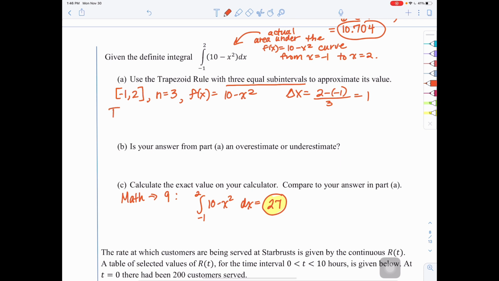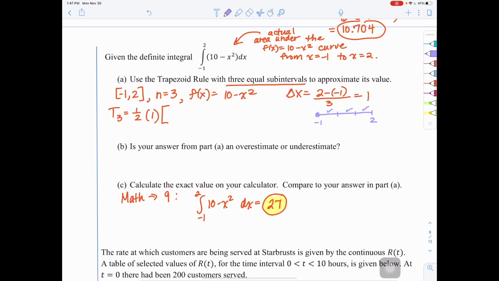So we will be finding T3. 1/2 is in the formula. 1 is delta x. Now, I always like to just make a little line, and this one's a little trivial, but we're going from -1, there's 0, there's 1, and there's 2, and we have 3 subintervals, so there they are, 1, 2, 3.